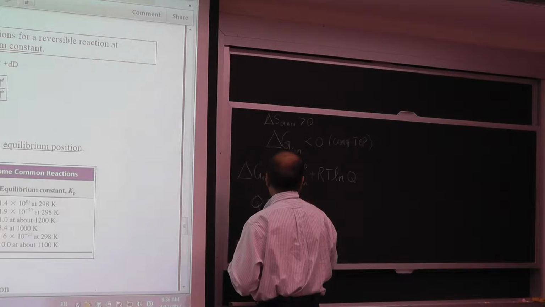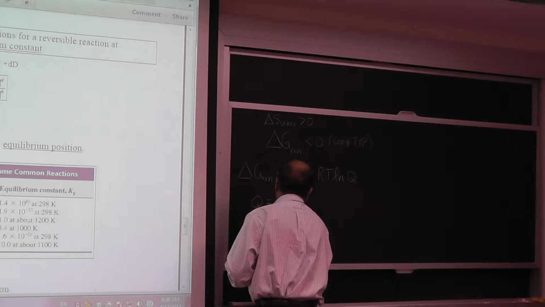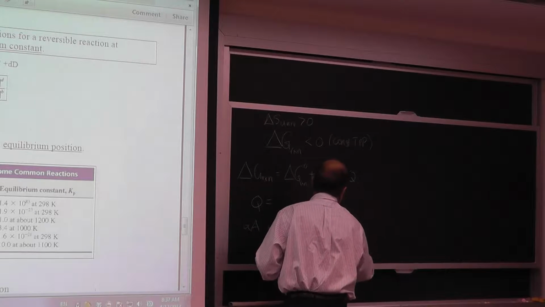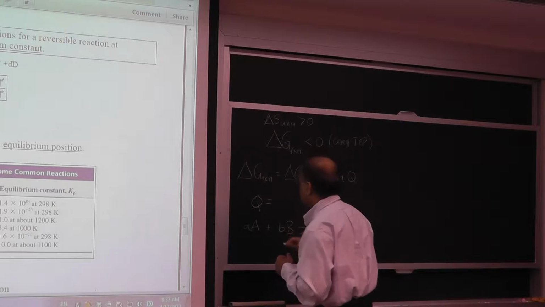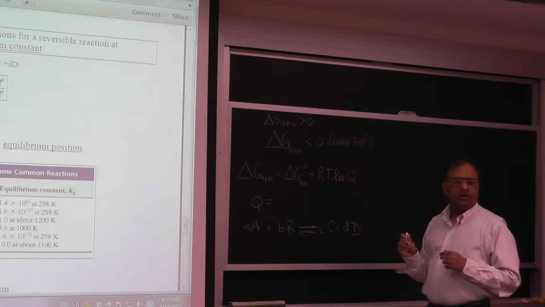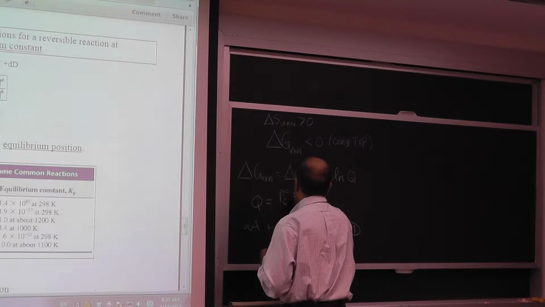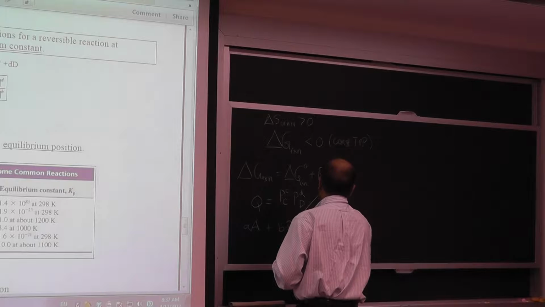so if we have a reaction A plus B going to C plus D, what is Q equal to? P_C P_D over P_A P_B.